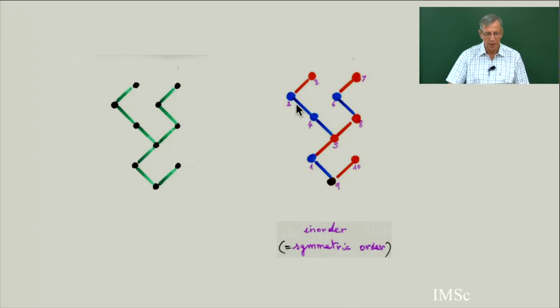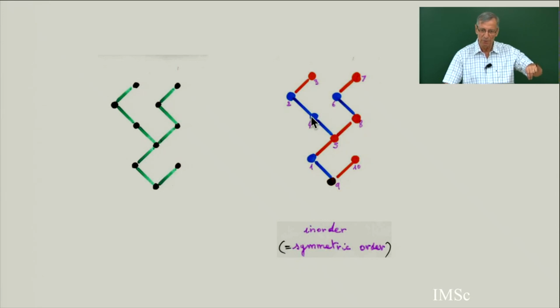Now you consider the left edges in blue. Each of these edges starts from a certain vertex: this vertex 4, this vertex 1, this vertex 5, and this vertex, which is 8. I'm going to give a total order on the blue edges, which is the symmetric order induced by the starting point of the left edges.